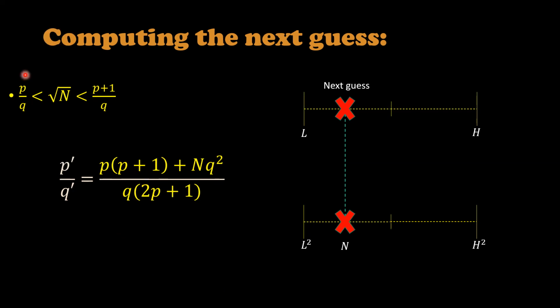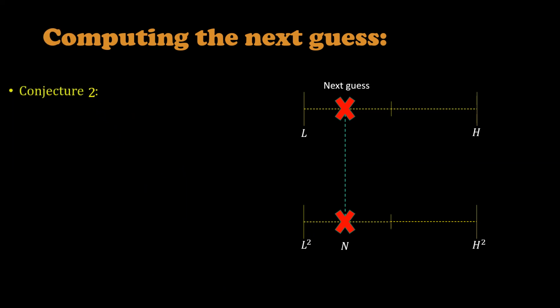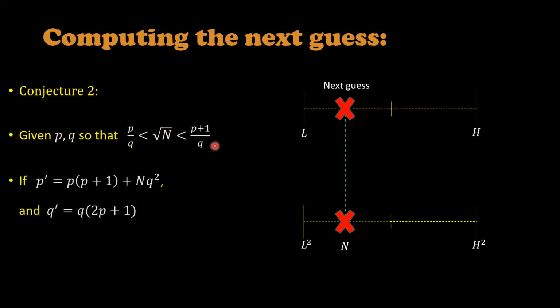It's just if our L happened to be P over Q and if our H happened to be P plus 1 over Q. So our second conjecture boils down to this. If we start off with a P and a Q so that this is true, then we calculate the numerator of our next guess and the denominator of our next guess.